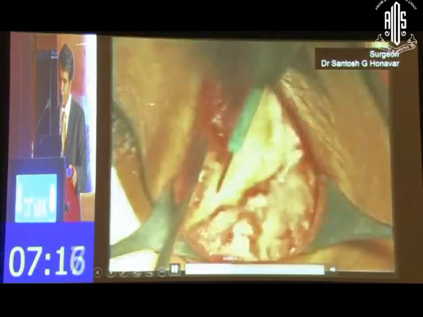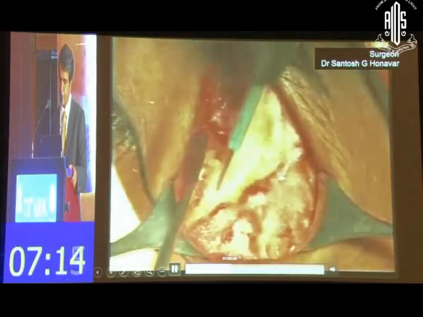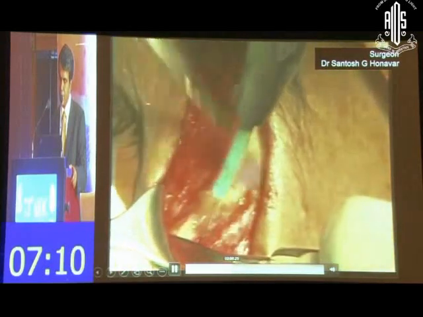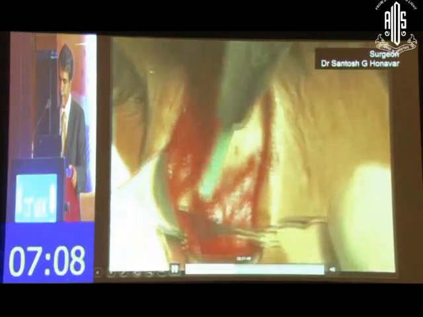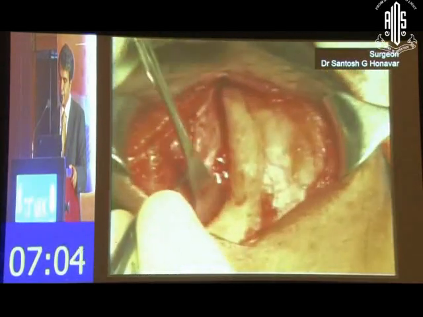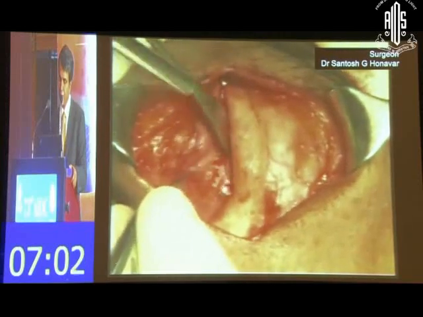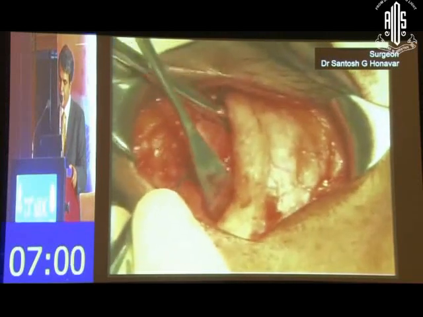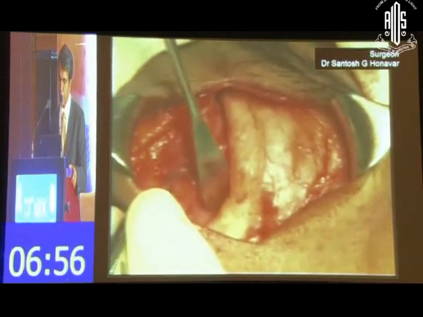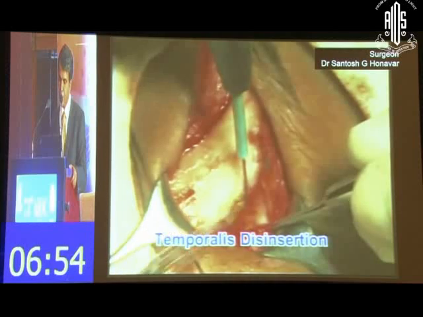Similar periosteal incision on the lateral aspect. Relaxing incision. Periosteal dissection. Initially using a sharp tip periosteal dissector and then a blunt Lang's spatula. Specifically where the suture is, you have to be careful not to rip the periosteum.